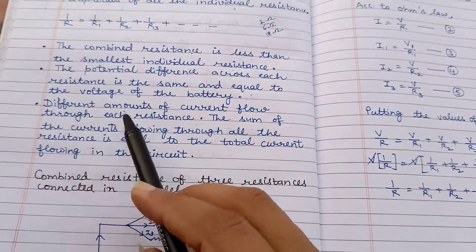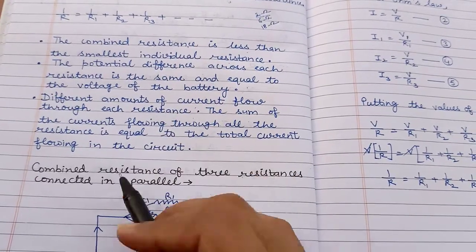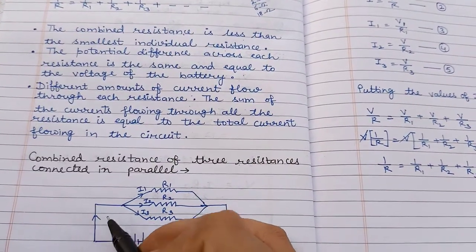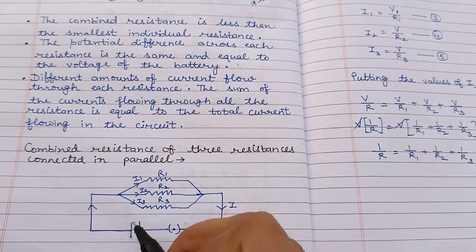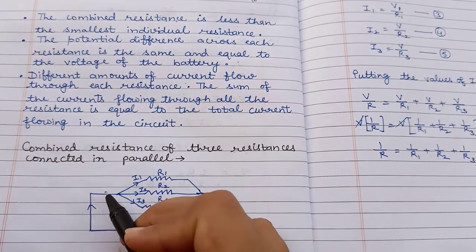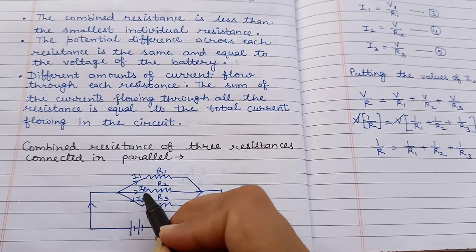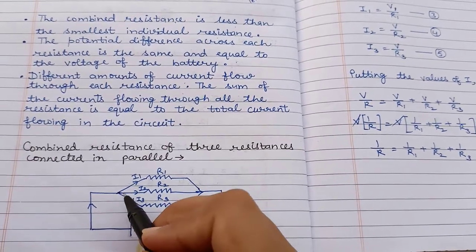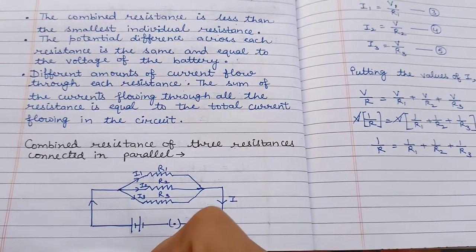The next point is different amounts of current flow through each resistance. The current is flowing from the positive terminal to the negative terminal. Now from this point, this current is flowing in three directions. This current is I1, this is I2, and this is I3.